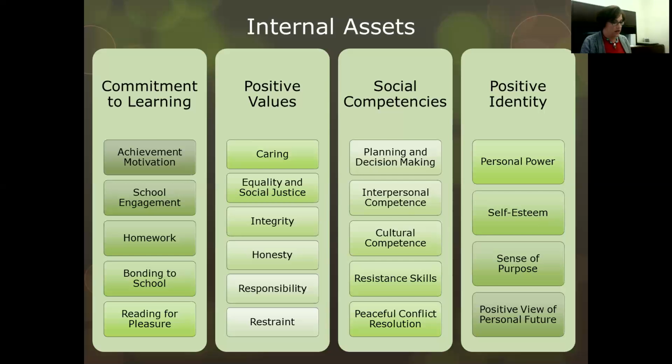Social competency: the young person knows how to plan ahead and make choices. Interpersonal competency: the young person has empathy, sensitivity, and friendship skills. I had always said, if I had a boy, I was going to raise that boy with empathy, because a lot of males are not raised with that.